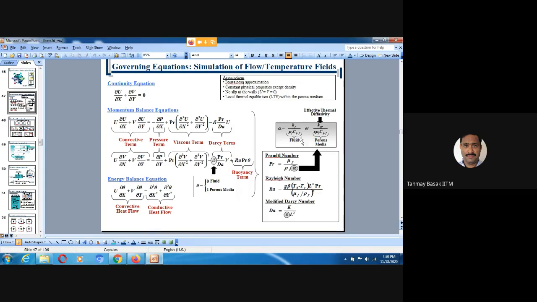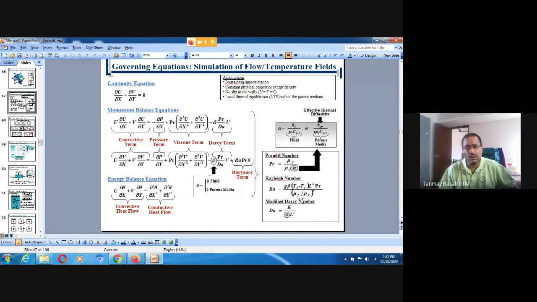Here alpha is the effective thermal diffusivity of the fluid, and for porous media it is the effective thermal diffusivity. We have the Prandtl number, the Rayleigh number, and the modified Darcy number, that is Darcy K by epsilon H squared. And of course we have the energy balance equation. Whether it's fluid or porous media, we have the same energy balance equation in terms of convective heat flow and conductive heat flow.